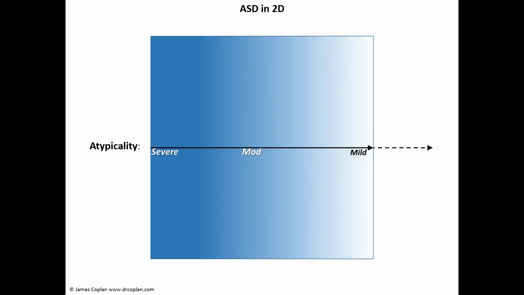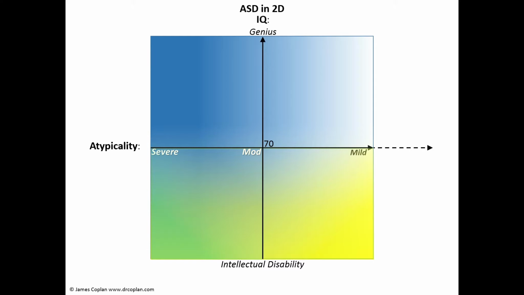And we take that x-axis and we combine to that the y-axis of IQ that we just got through talking about earlier in this post, the axis of intellectual ability from ID all the way up to genius IQ.